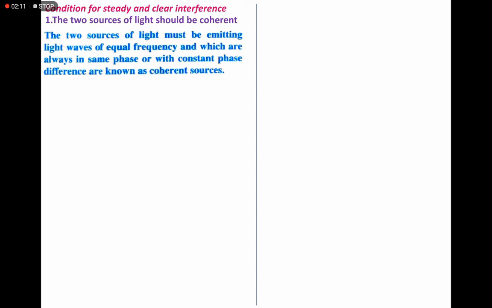If a constant phase difference is there between the waves emitted from the two different sources which originate from the single source, then the waves will be in phase. Such sources are known as coherent sources.